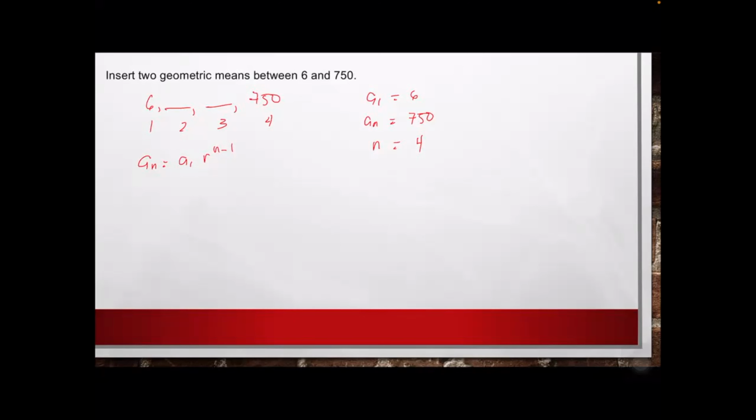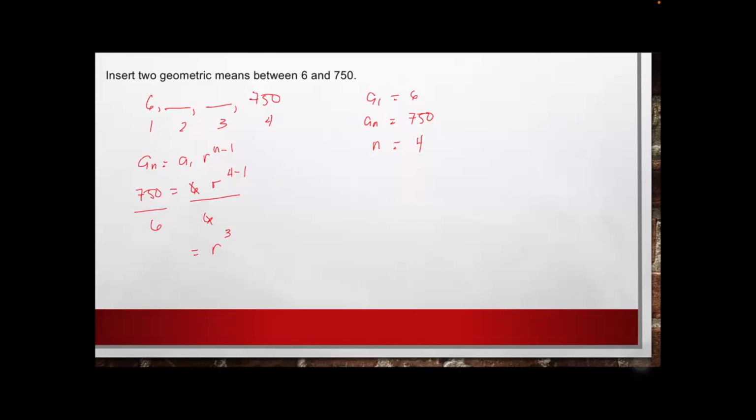Okay, so we will have 750 is equal to a sub 1, which is 6, then r raised to 4 minus 1 because our n is 4. So divide both sides by 6. r raised to 4 minus 1, this will be 3, is equal to 750 divided by 6.